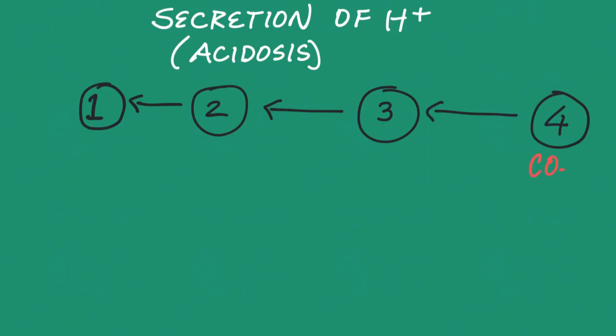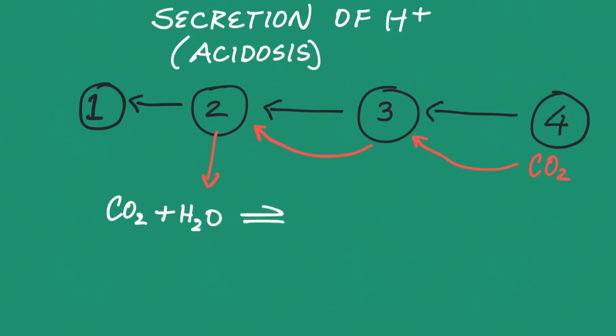So here's the carbon dioxide leaving the capillary fairly easily, diffusing out of it, and diffusing into the tubular cell. Once inside the tubular cell, the carbon dioxide mixes with water and becomes carbonic acid. The carbonic acid then dissociates into hydrogen ions and bicarbonate ions.